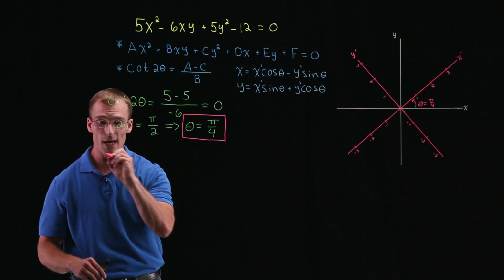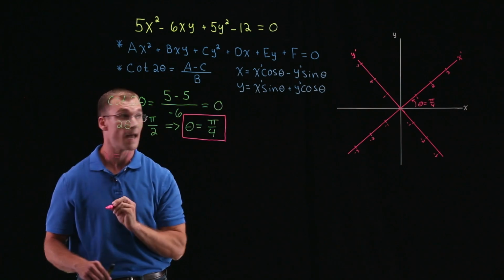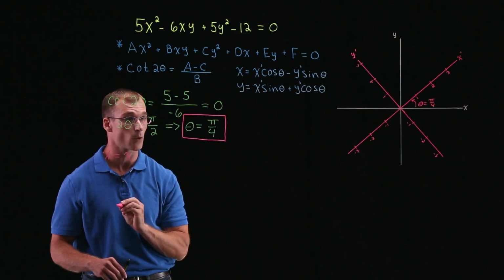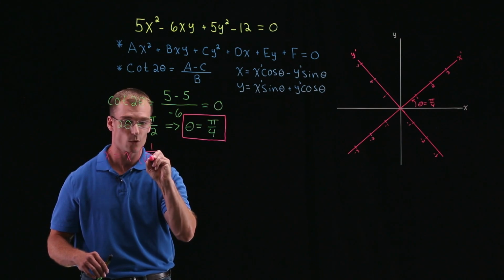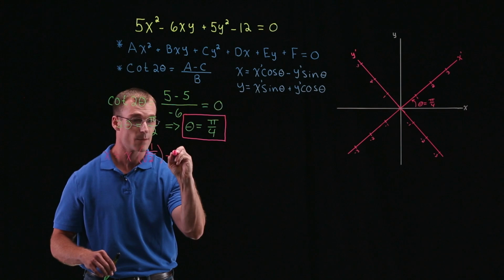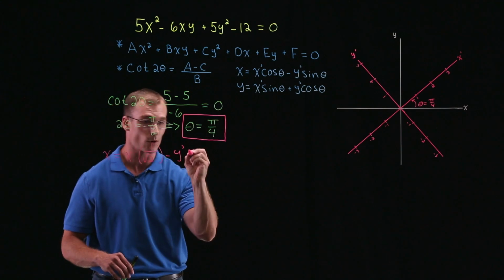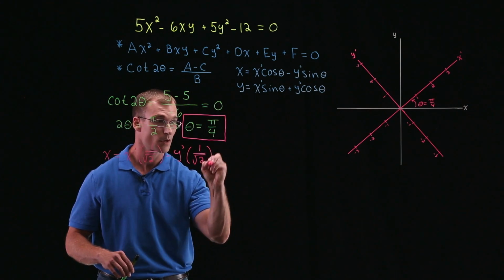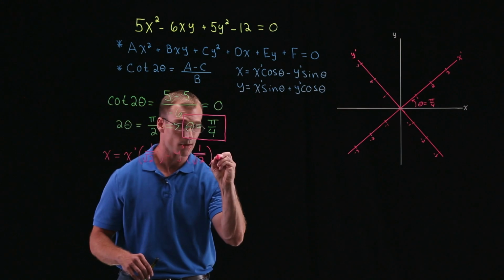So x is equal to x prime times cosine of theta, and we know theta is pi over 4, so cosine at pi over 4 is 1 over the square root of 2. And minus y prime times sine of theta; sine at pi over 4 is also 1 over the square root of 2.